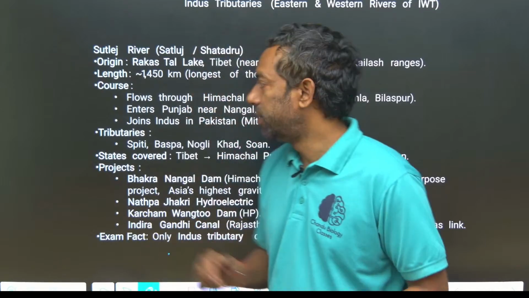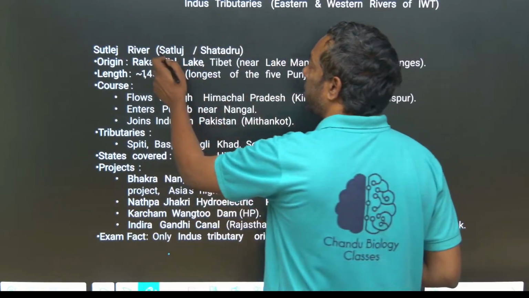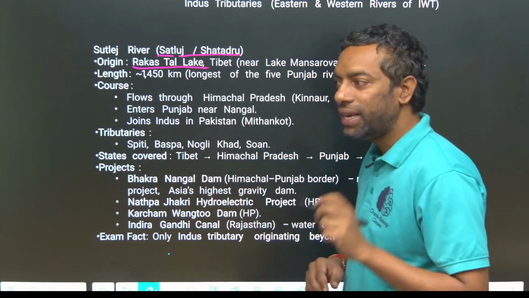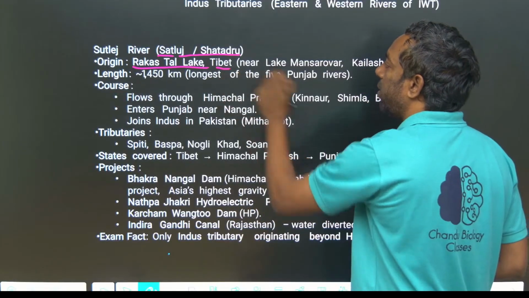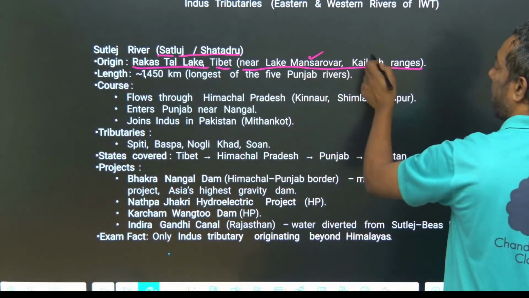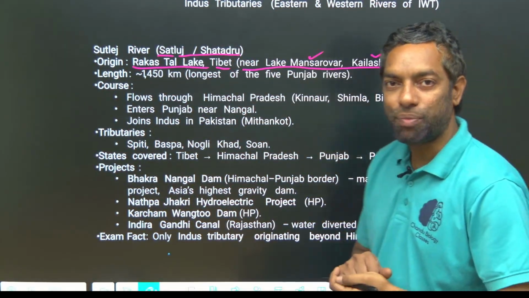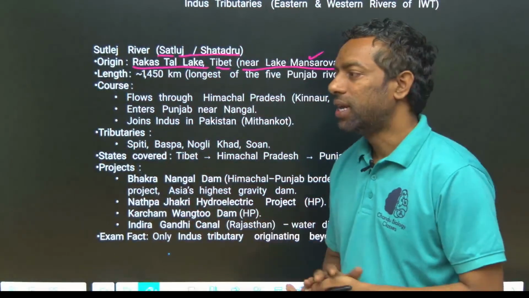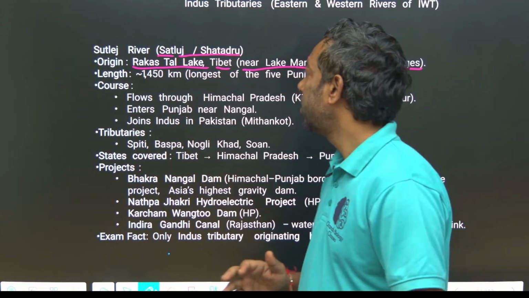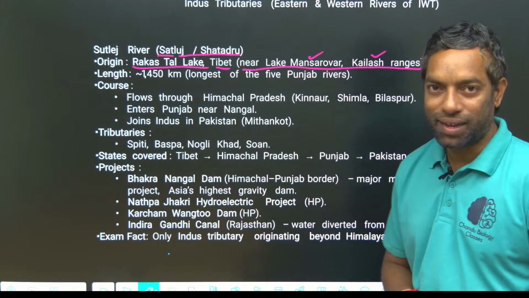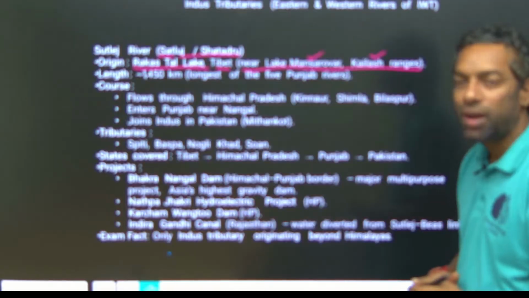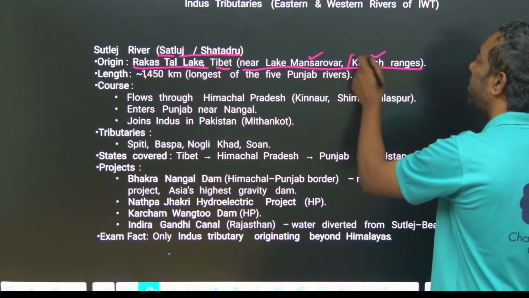The Satluj river originates from Rakas Lake in Tibet, near Lake Mansarovar and the Kailas range. Rakas Tal, or Lake Mansarovar, is the source lake, and the range is the Kailas range.